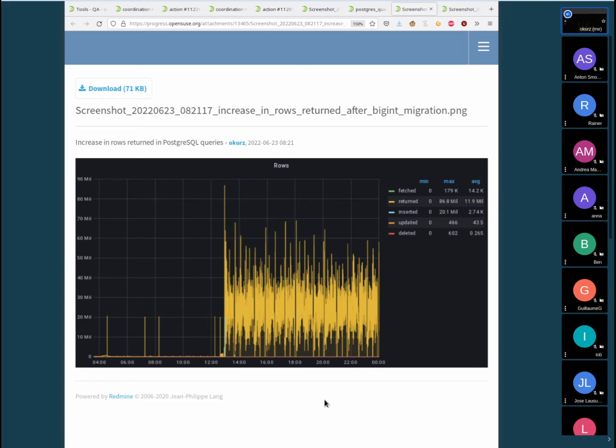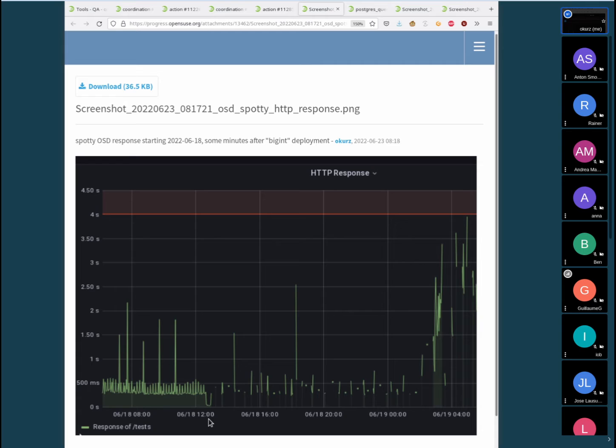You see this small dip? This was the actual migration. During this time the value was so low because the web UI was responsive, but it couldn't return any data. It was blocking all requests because the actual migration was going on. Then afterwards it went back up. So this looked like normal operation, but there were only very spotty responses.